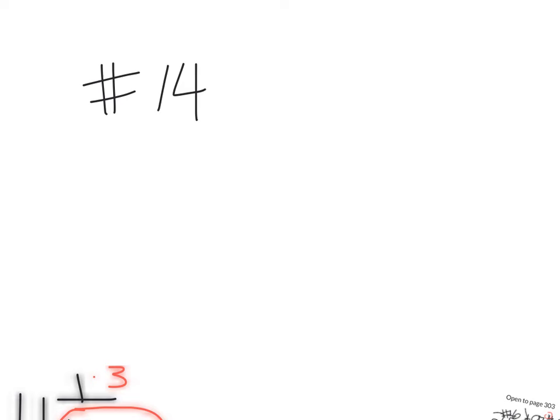I'm going to do you a favor. You can skip that one. You do not have to do number 14. The reason is it's not possible to do that one without multiplying fractions, dividing fractions, and we haven't looked at that yet. So go ahead and skip number 14.